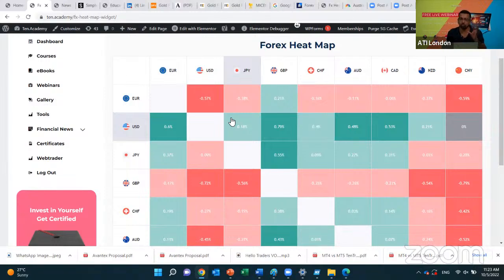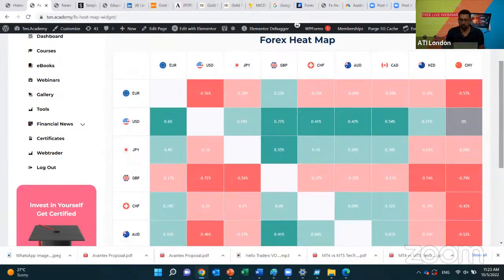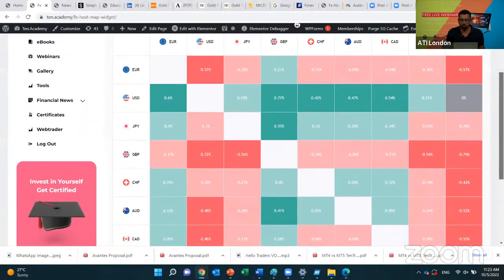Also, because of what is to be expected from the economic calendar, we have more concentration on USD, basically data coming out of the US, especially as we are gearing towards the NFP coming on Friday, and we've got the ADP coming up soon today. So let's pick out one or two pairs and start doing a little bit of trend analysis.